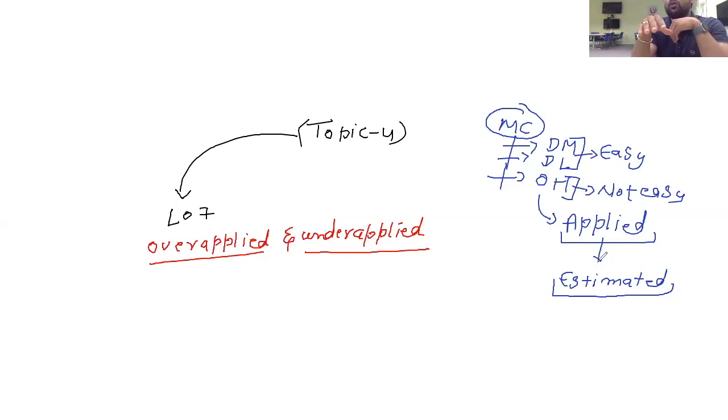At the end of the year, we apply traditional costing or activity-based costing, which means we get an actual number because we actually applied it.